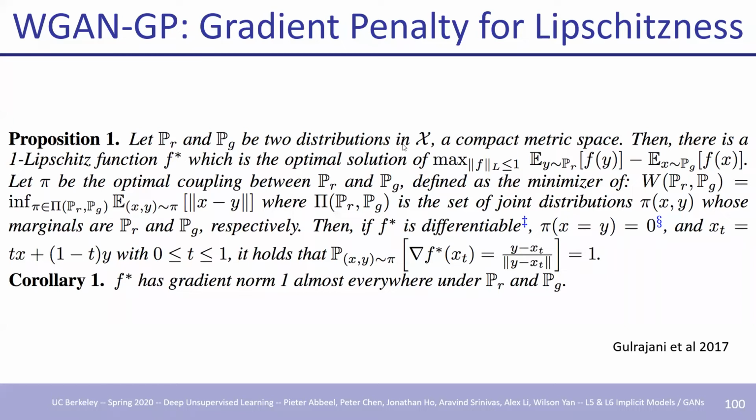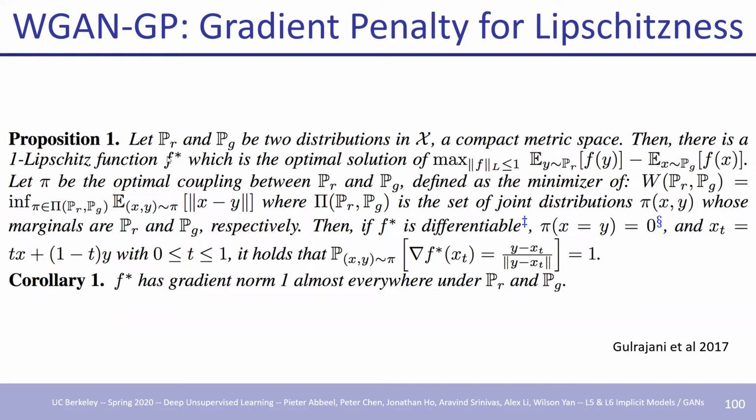So you have two distributions in a compact metric space. It just means that it's in a nice smooth place, not a spiky place, and it's just for mathematical reasons. For algorithmic purposes, I don't think this compact metric space matters.